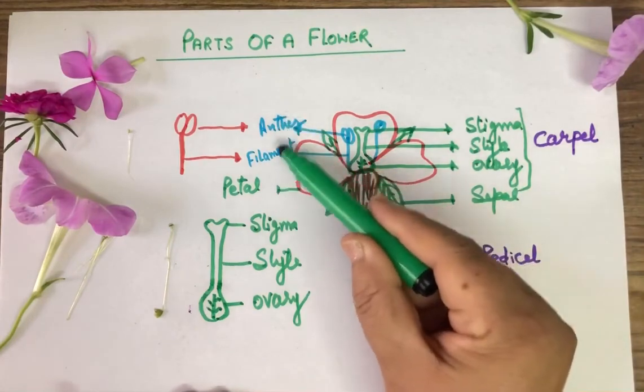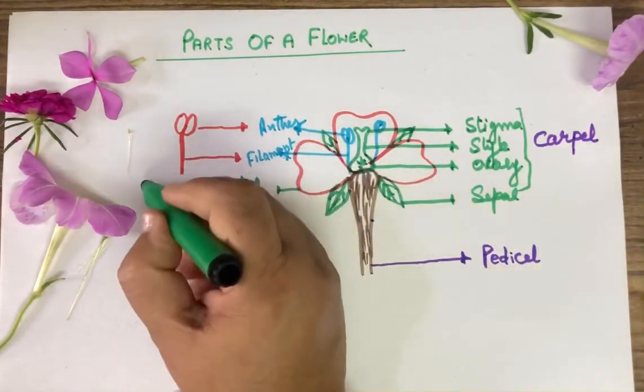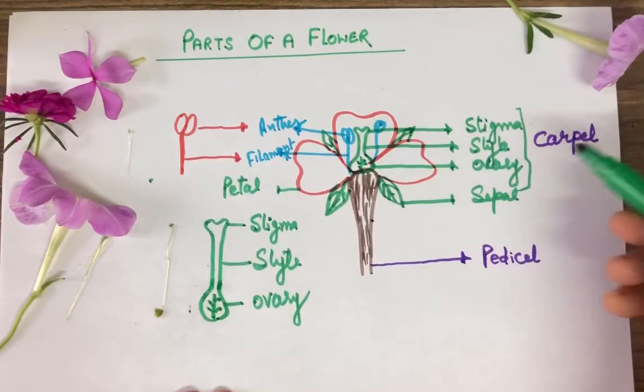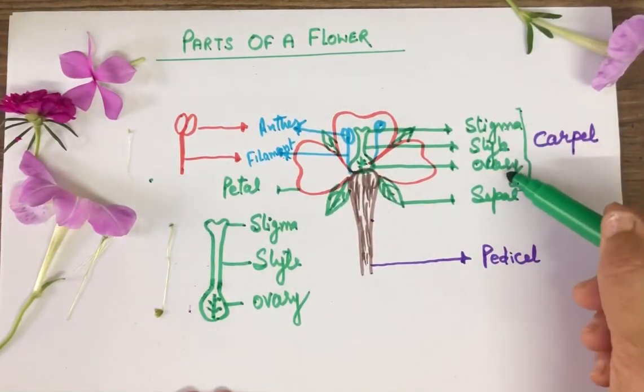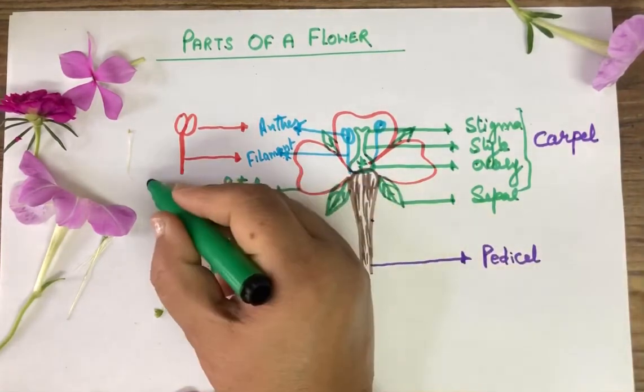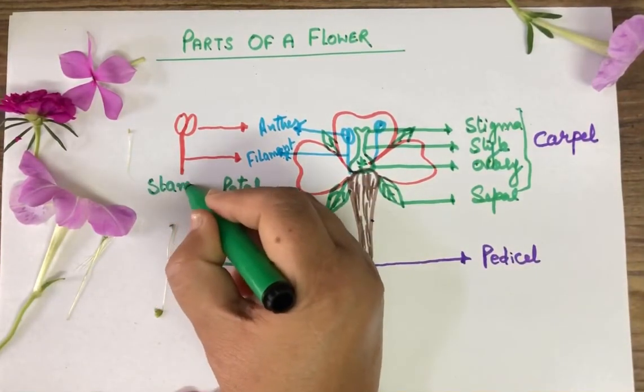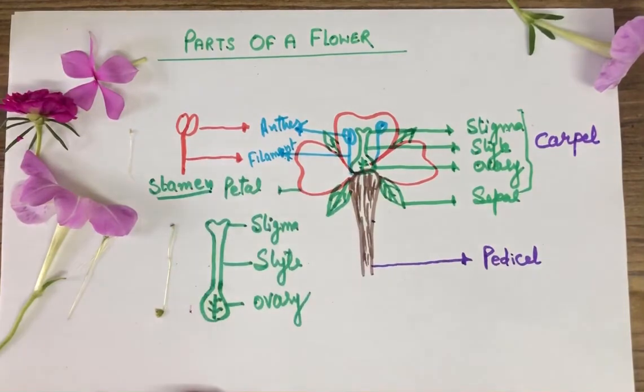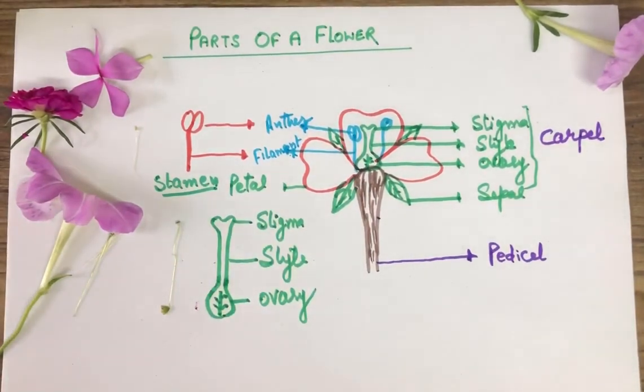This complete part is called the stamen. As I have shown you, the 3 combined parts are called the carpel. This is called the stamen. Right?